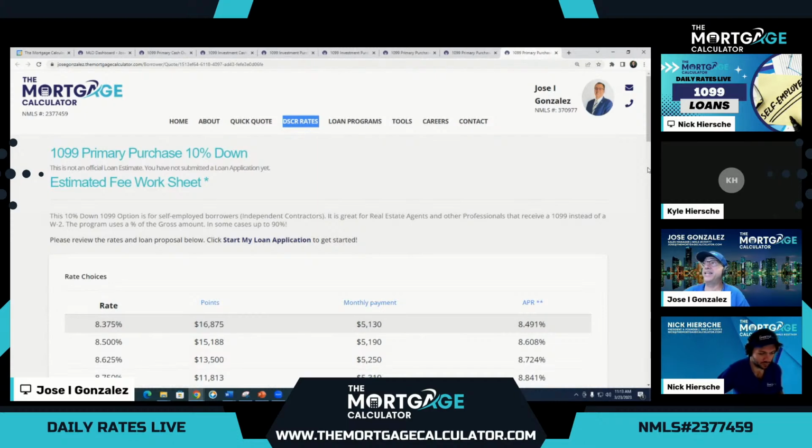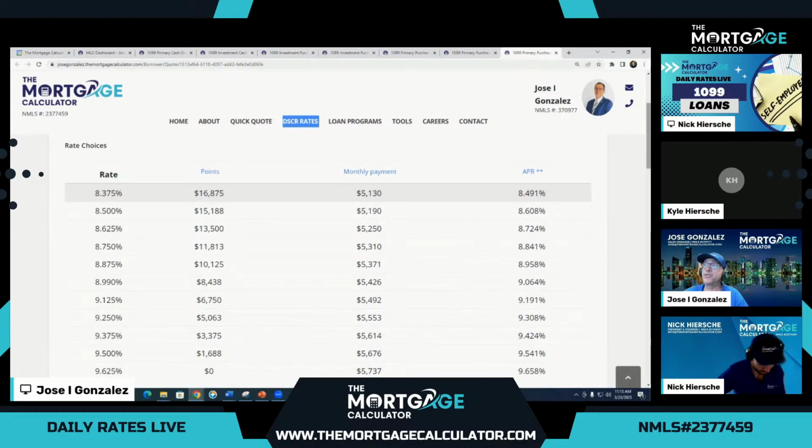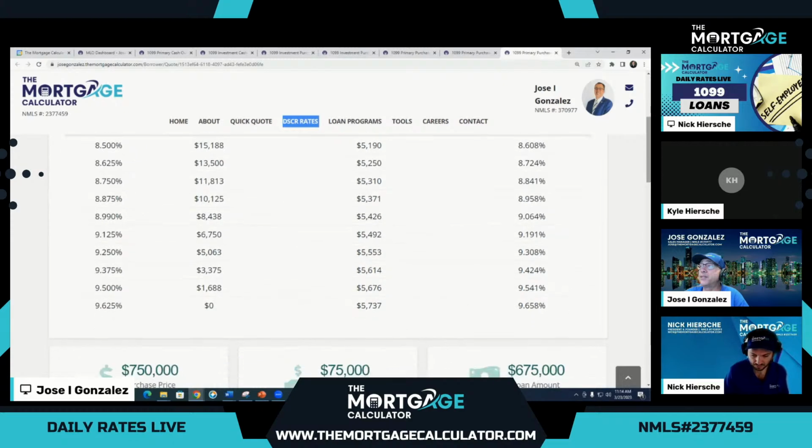Like I stated here, this is a great option for real estate agents and other professionals that get paid with a 1099 instead of a W-2. So you will note we have some good options here, with our lowest cost option at 9.625% at par and our lowest rate option at 8.375%.